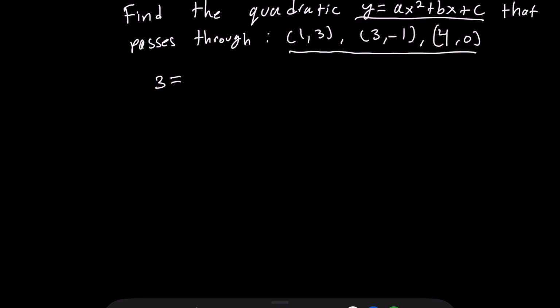So when x is equal to 1, y is equal to 3. So we can say this. Just plug in 1 for x and you get 3. Now we do the same thing with the other stuff. We can say this. When we plug in 3, we get -1.